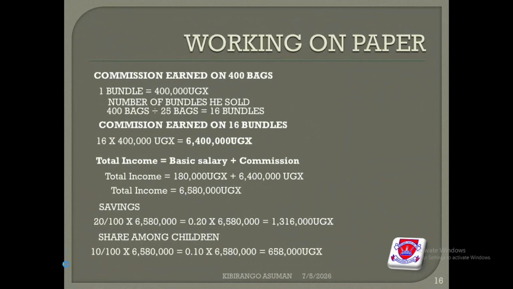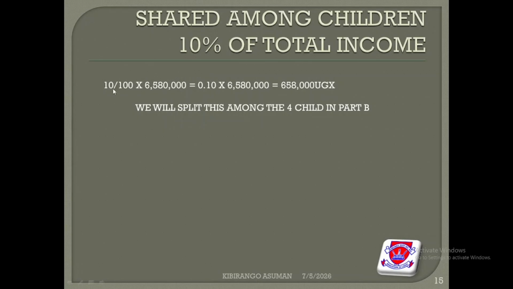To find this out, we get 10 out of 100 times 6,581,000 shillings. So 10 out of 100 is like the shares. 10% is 10 out of 100 times the total income, which is 6,581,000 shillings, and which gives us 0.10 times 6,581,000 shillings, which gives us a total of 658,100 Ugandan shillings.